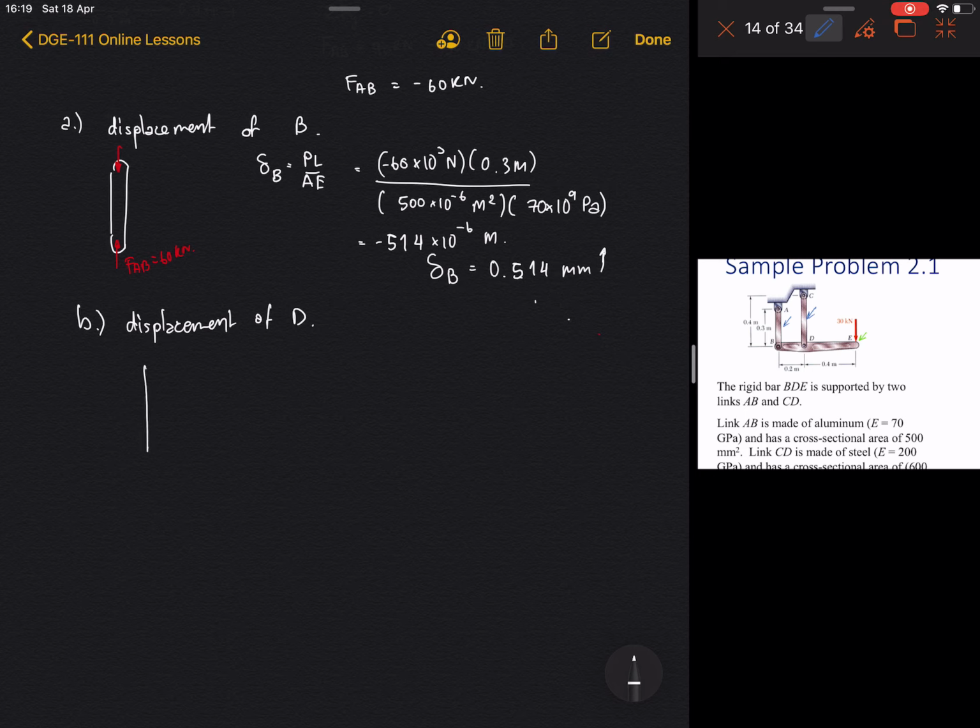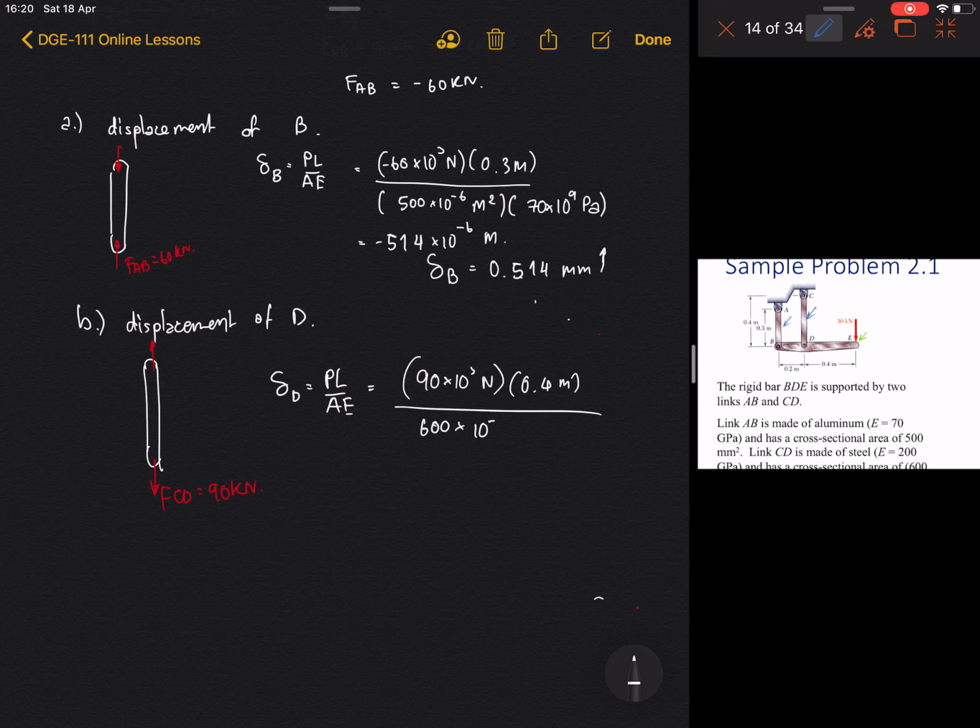Here again we have tension in this case. F_CD equal to 90 kilonewtons, and then we use this formula again, but in this case our area, Young's modulus, force, and also the length are changed, so everything is changed here. 90 times 10 to the power of 3 times 0.4 meters, over 600 millimeter square.